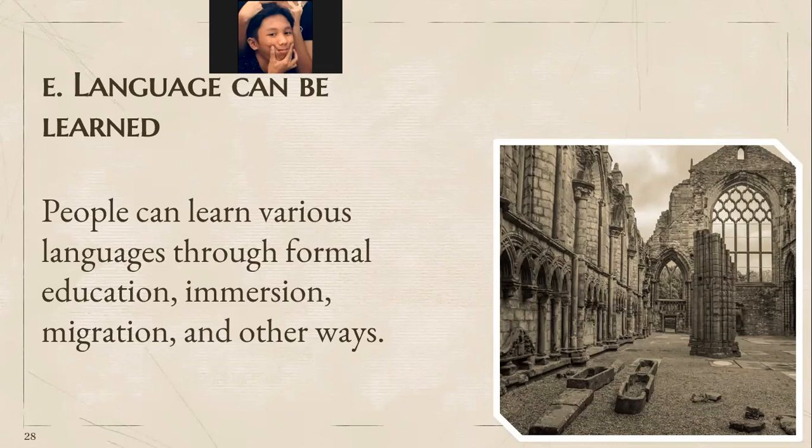That's a formal way of learning a language. You also have migration. For example, when your family migrates to other places or other countries, in order for you to communicate with people who live in that place, you need to learn the language.